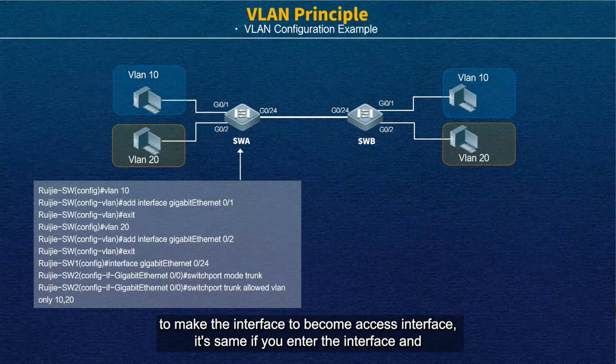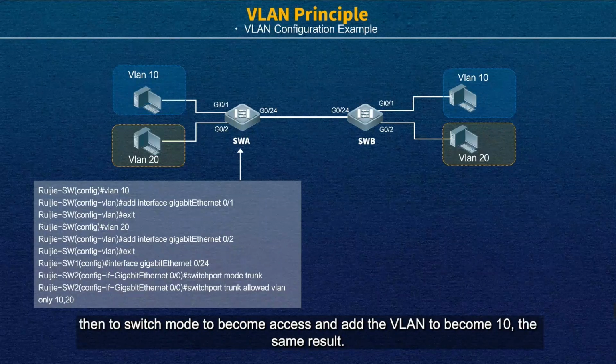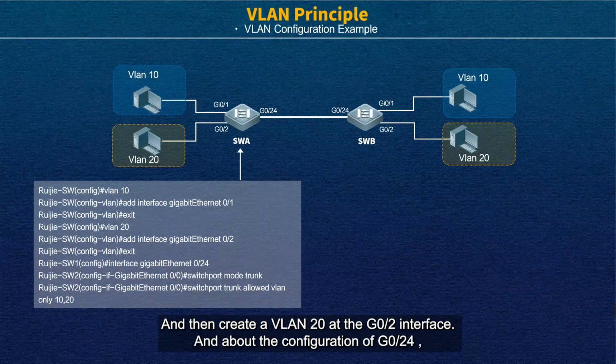It is the same. If you enter the interface, set switch mode to access, and set the access VLAN to 10, you get the same result. And then create VLAN 20 and add the interface.